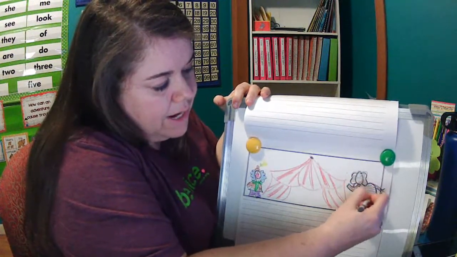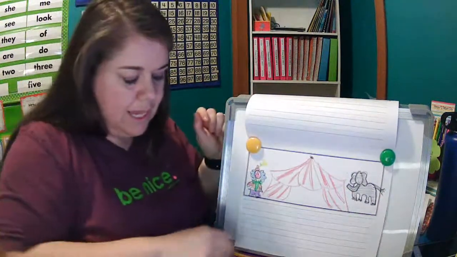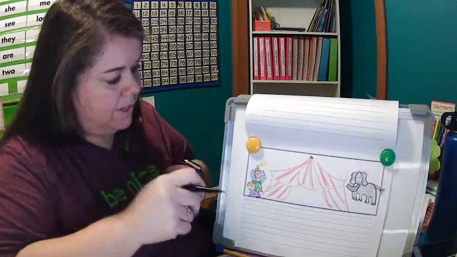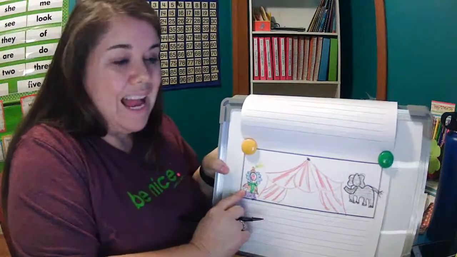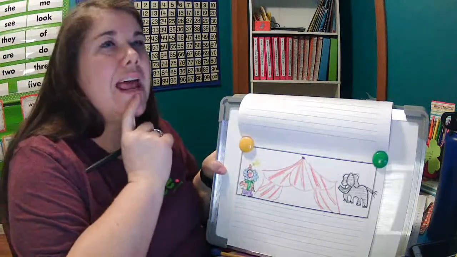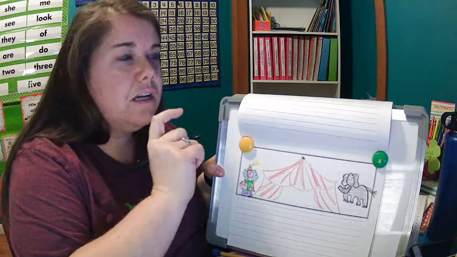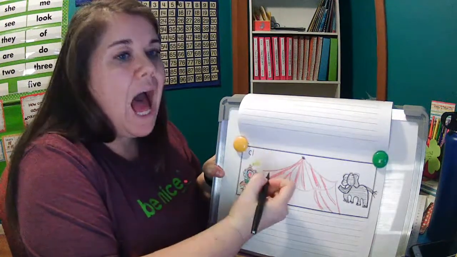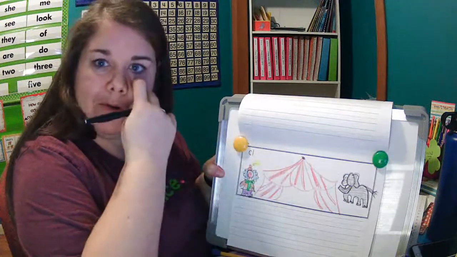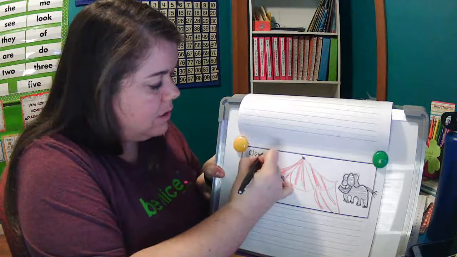All right, so I need to let me start labeling some of my things. So I'm going to grab this. So I started here with a clown. So let me sound that out. Cl-ow. Oh, it's got a blend in there. Cl-ow. I think I heard OW makes the ow sound.